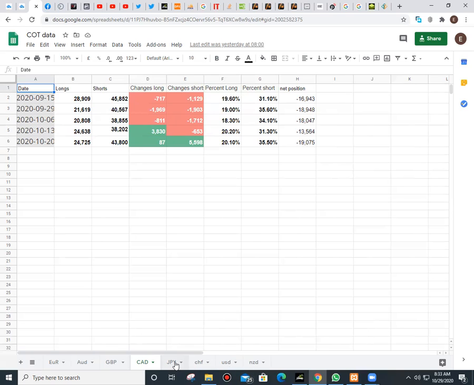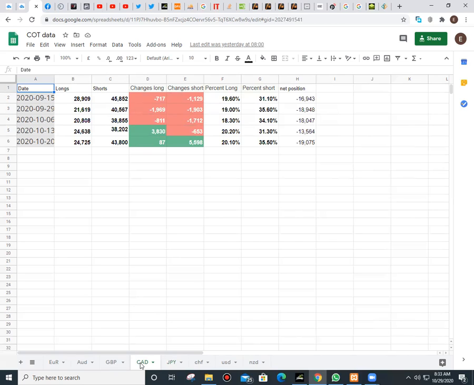When you come to JPY, you can see we have some 46k longs, meaning JPY is strong. But when you go to the CAD, you are going to see that they had some 43.8k shorts.